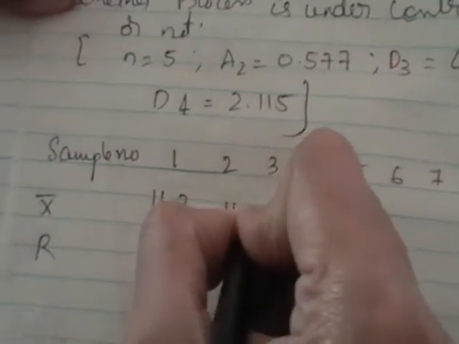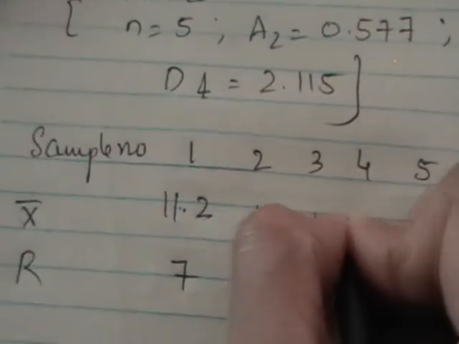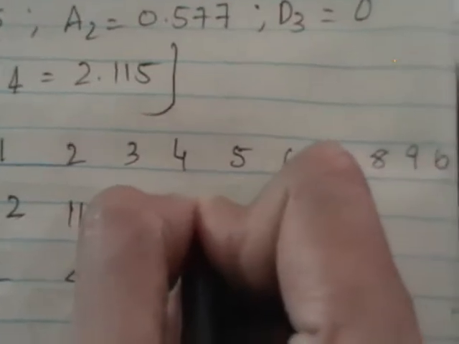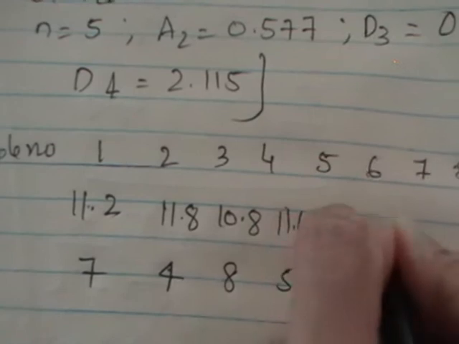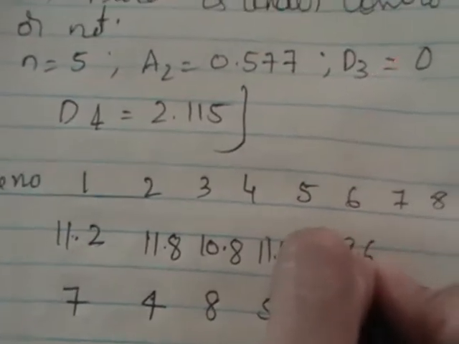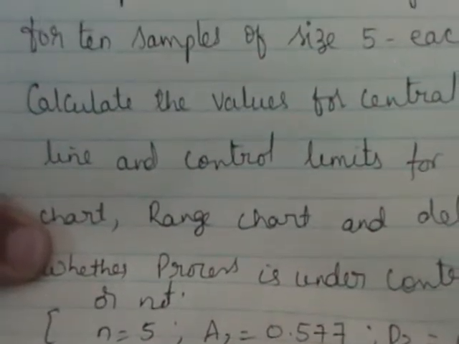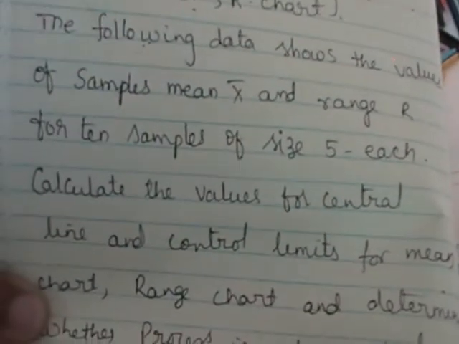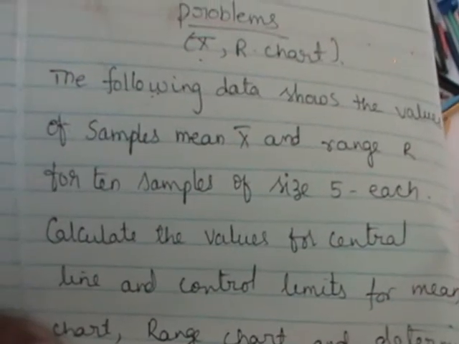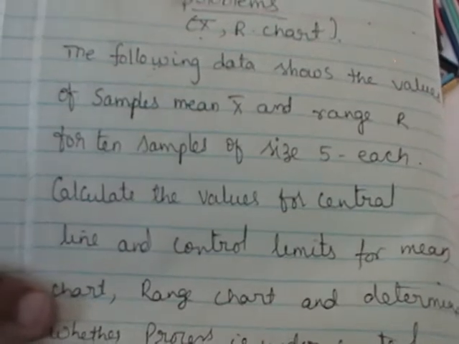Then what are the steps involved? Just take out your classwork. In the first step, you are going for measurements. In the second step, you are considering the samples or subgroups, and in the next step, you are calculating the control limits with the formula: upper control limit, lower control limit.